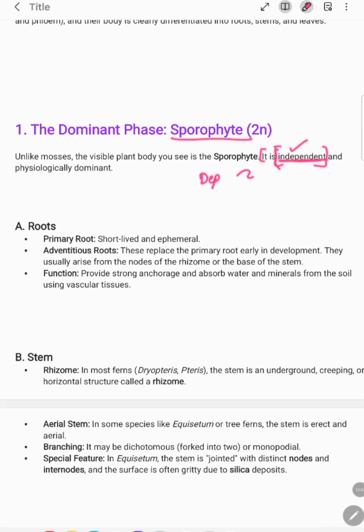It is not dependent on the gametophyte like the bryophytes. In bryophytes, the sporophytic stage was dependent on the gametophyte, but not here. It is independent and physiologically dominant. The sporophyte stage is independent as well as dominant.